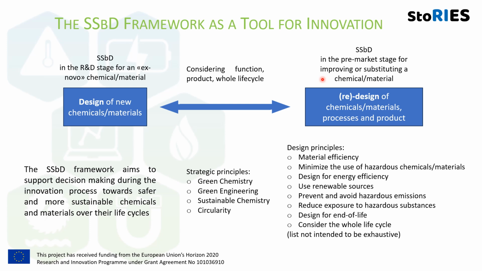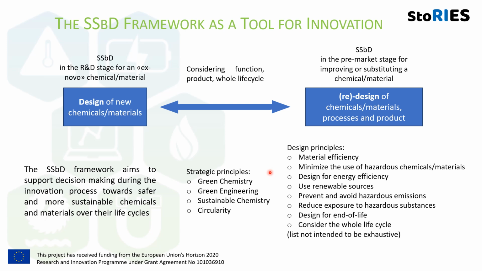take advantage of some general principles that are the ones that are also used in green chemistry, green engineering, and so on. And further, there are several principles that must be considered once that we want to design or change the design of this material.